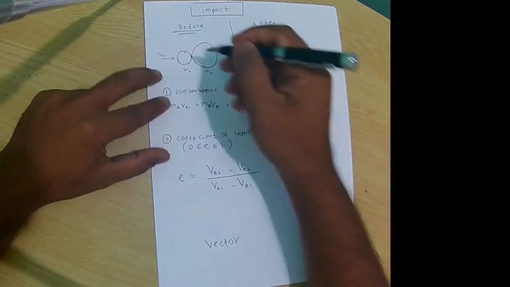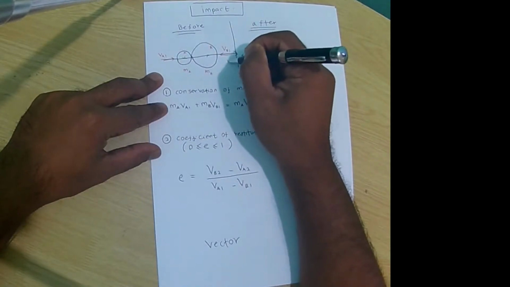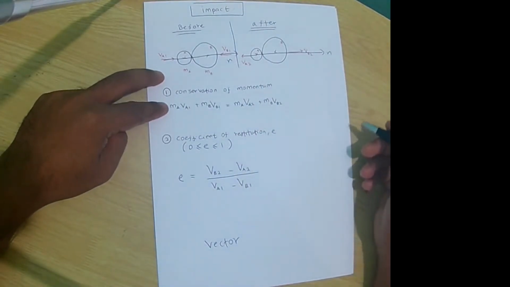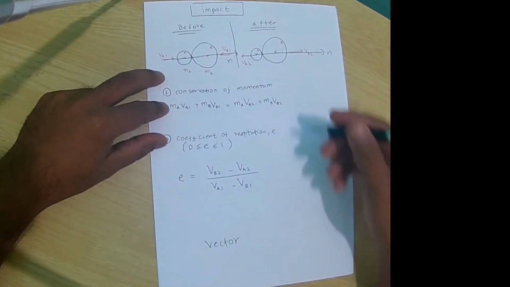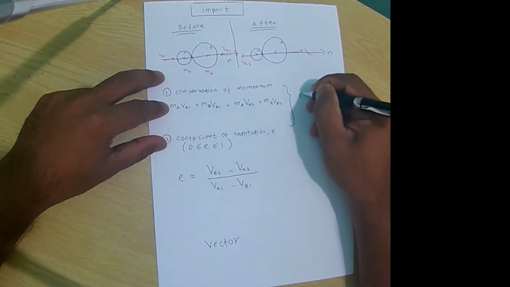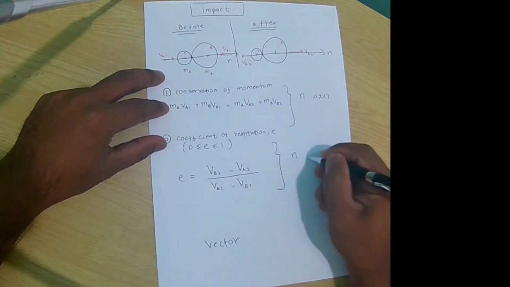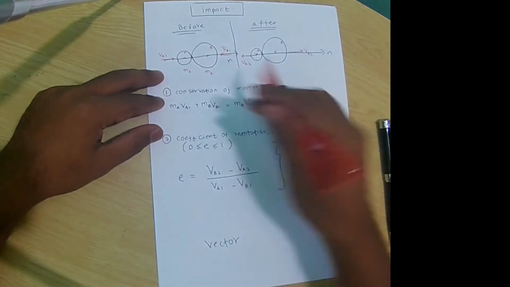If you still remember, we have this line from center to center, so I will have the n-axis, center to center. All these two equations can only be applied to the n-axis. This one is direct impact.